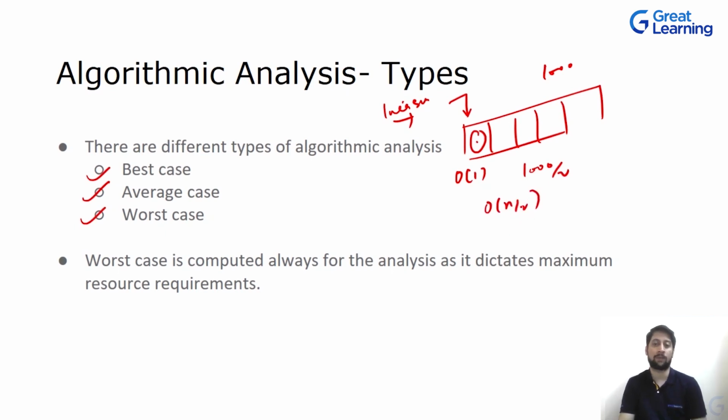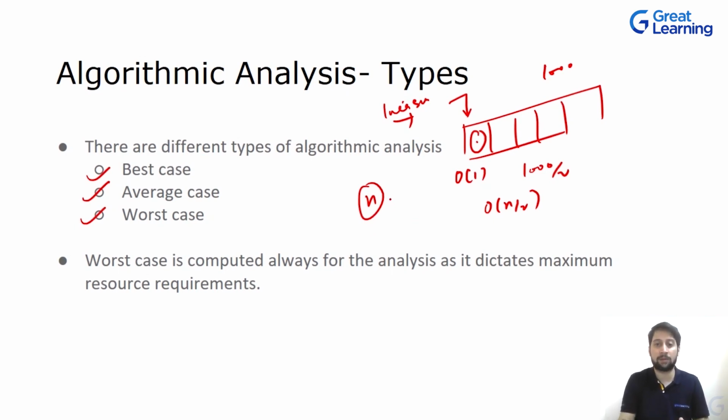We neglect these constant terms, because as soon as our input increases, let's suppose to 10 billion elements, dividing by 2 can be ignored.